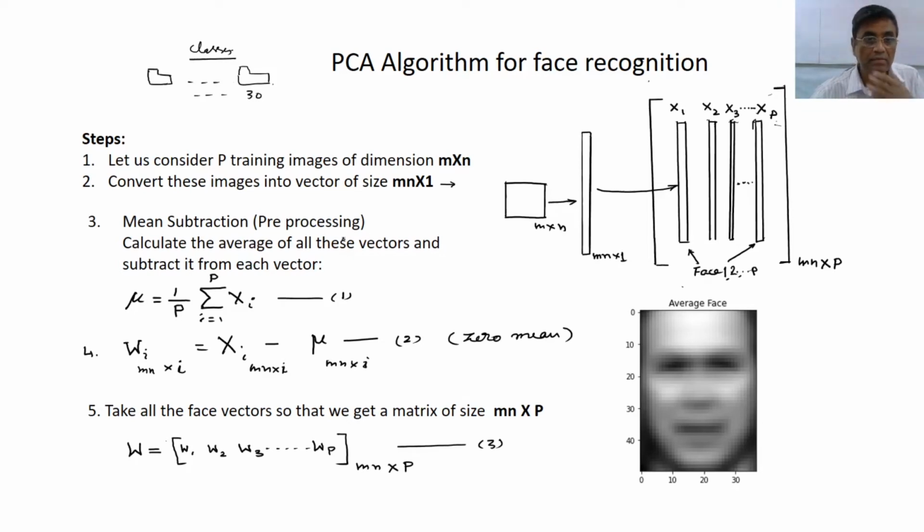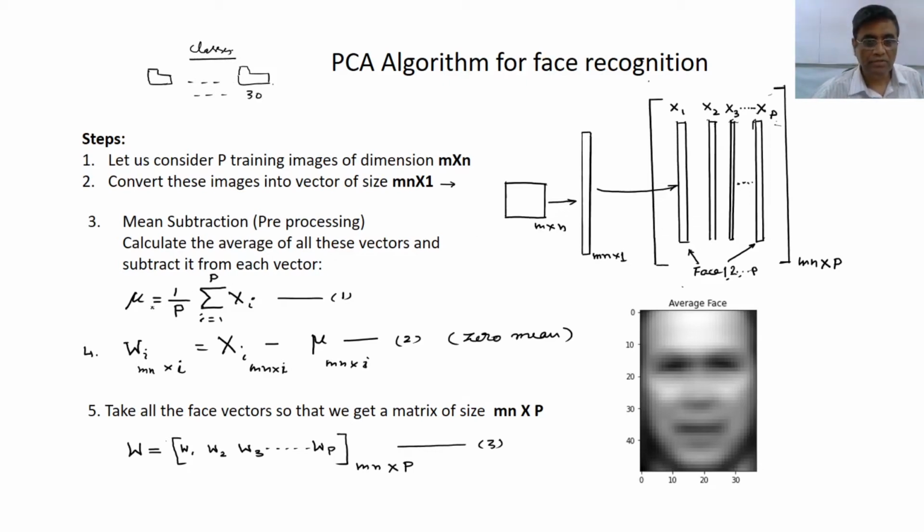Now let us calculate the mean of all these vectors. Let us call it a vector, because you understand PCA doesn't understand face. The face, if I unfold it, is my image, but actually it is a vector.